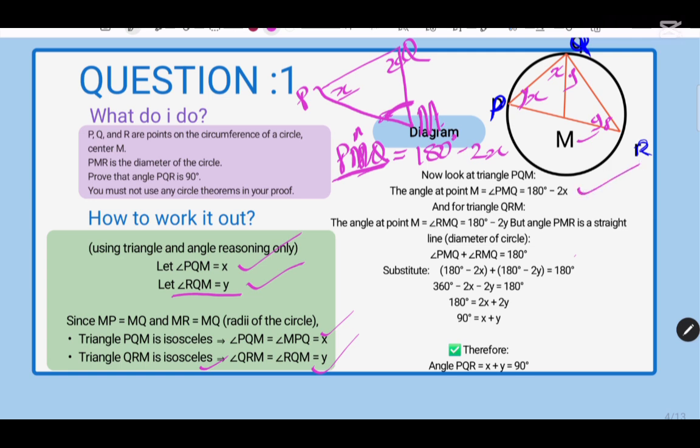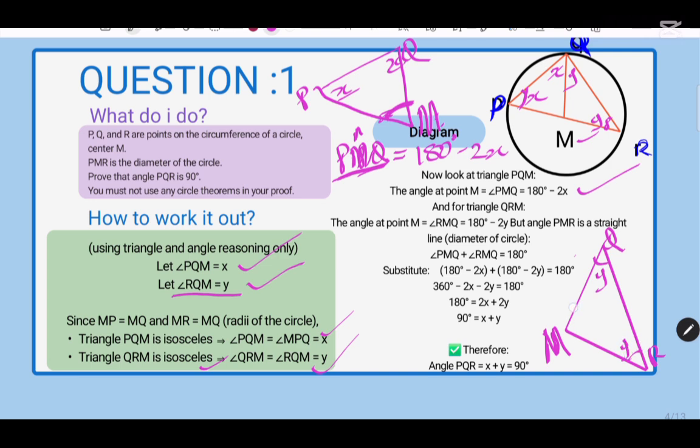Now let's go to triangle QRM, which I will draw here as well. Triangle QRM, so Q here, M, and R. We've established that at point Q we have angle y, and at point R we also have angle y.